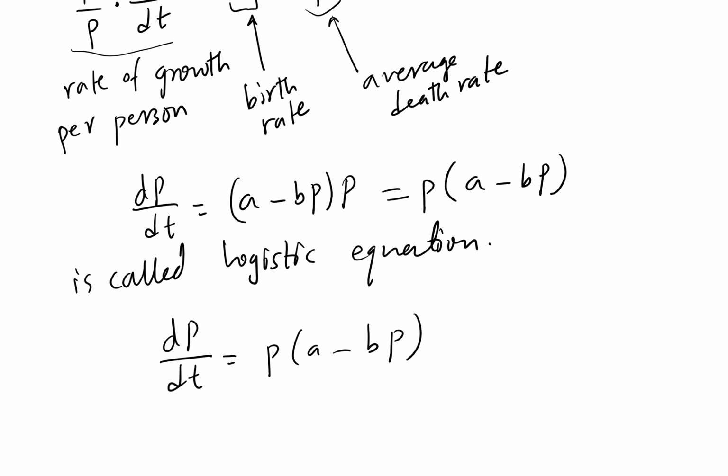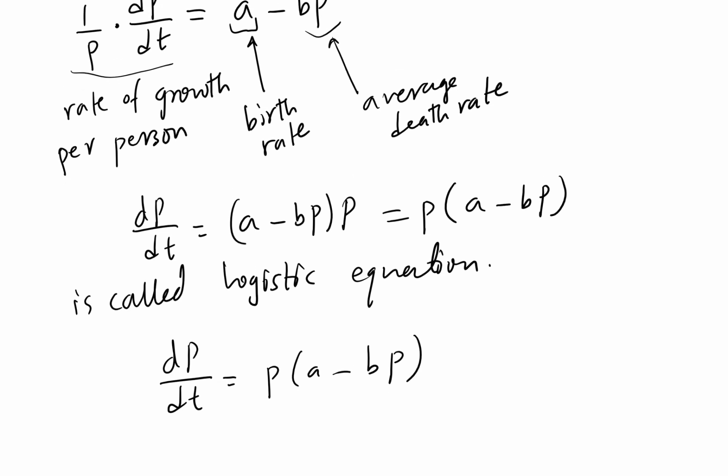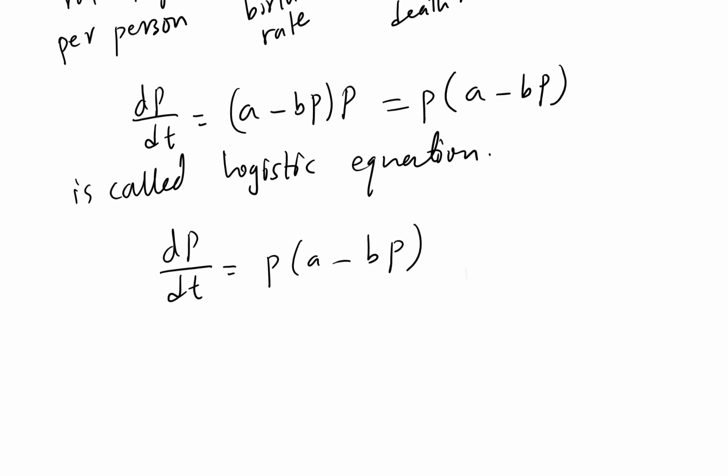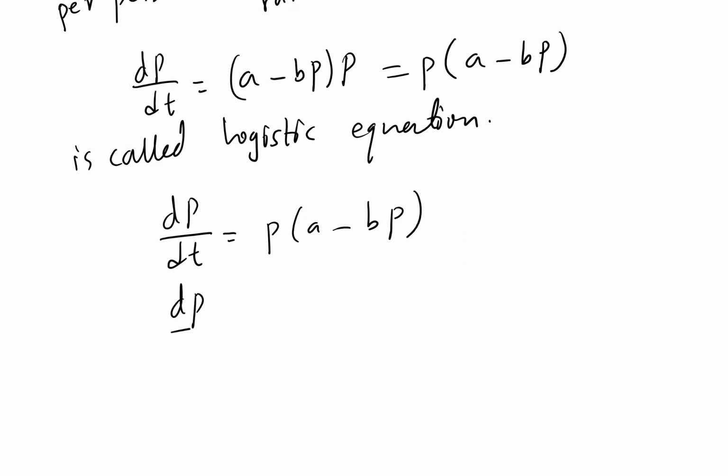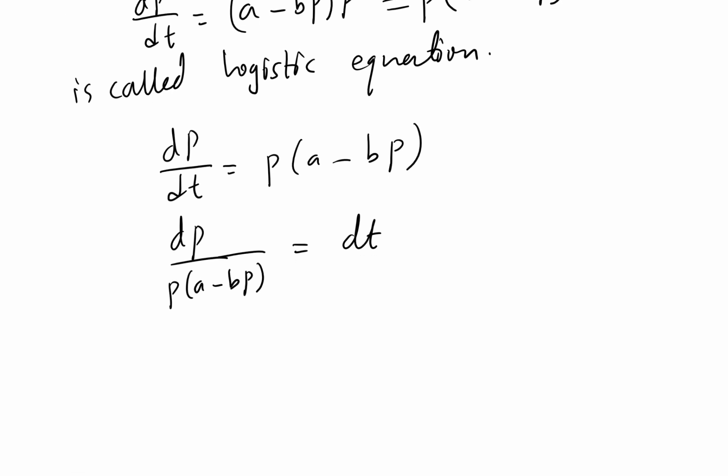Before we do the integral, is this a Bernoulli one? What is the first step? Min said separable variables, so use separable first. We can bring the P times a minus bP down and dt up. Then Peter said integrate both sides.